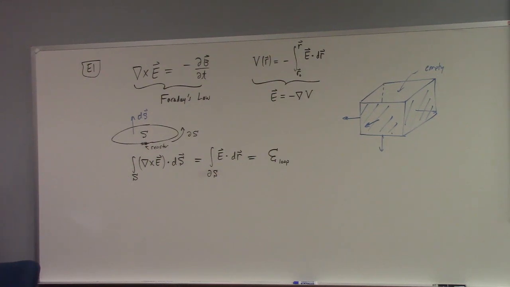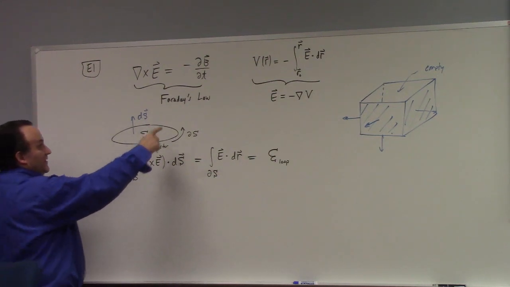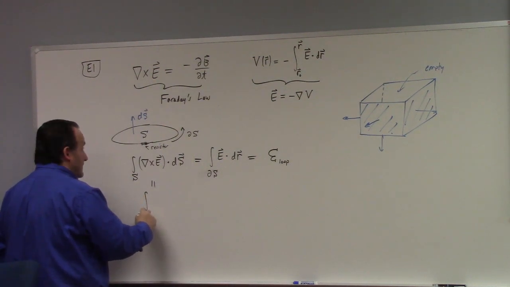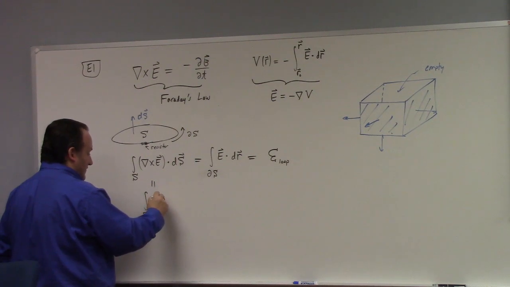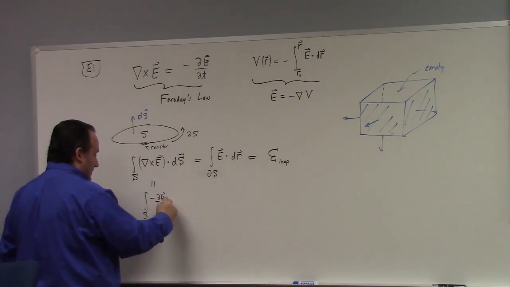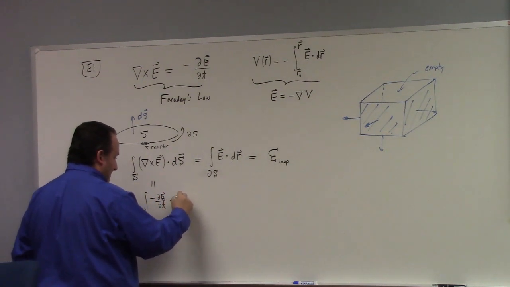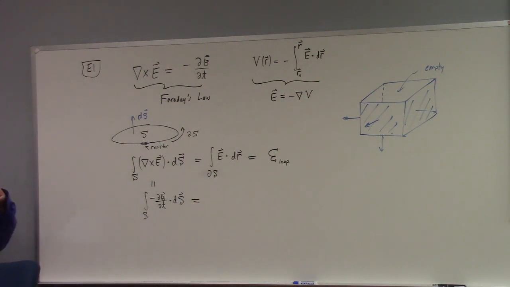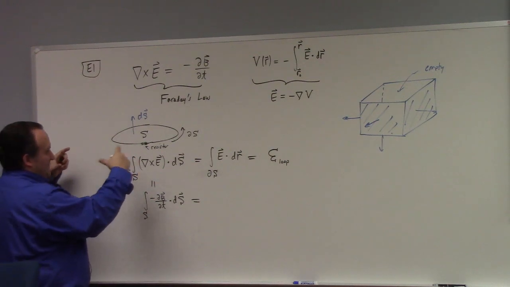But on the other hand, what's this equal to? According to Faraday's law, this is equal to the integral over the surface of minus the time rate of change of the magnetic field dot ds, right? And if the loop is not changing in size, suppose the loop itself is not dynamic, the surface in question is a real physical surface and it's not changing in size.